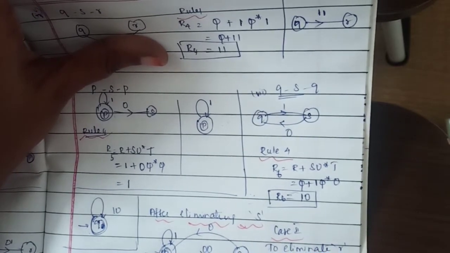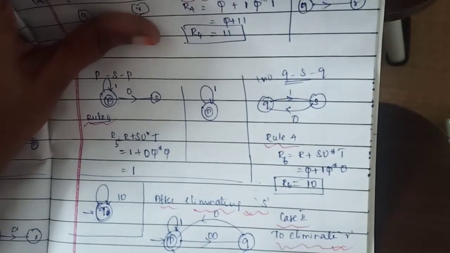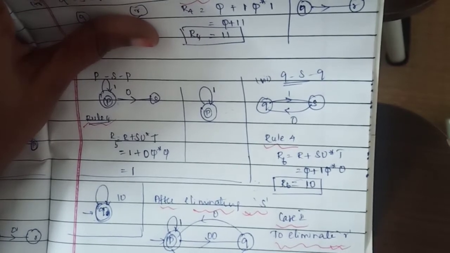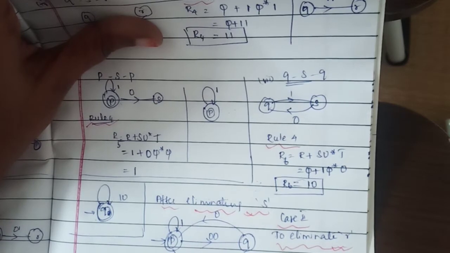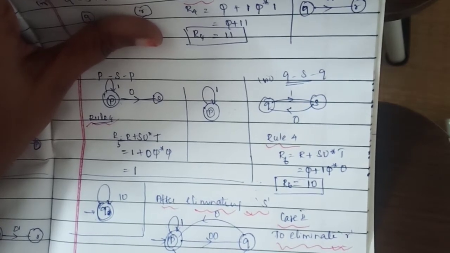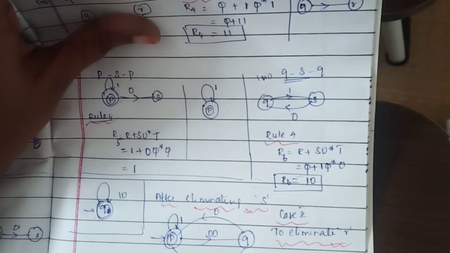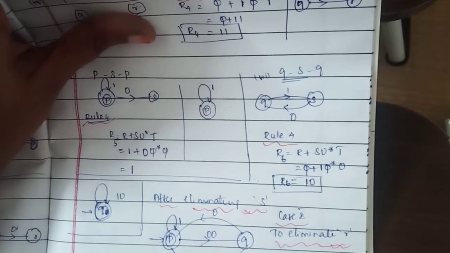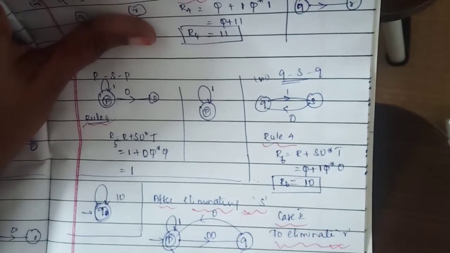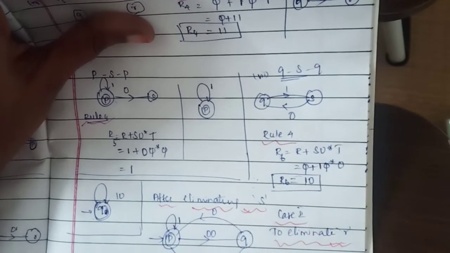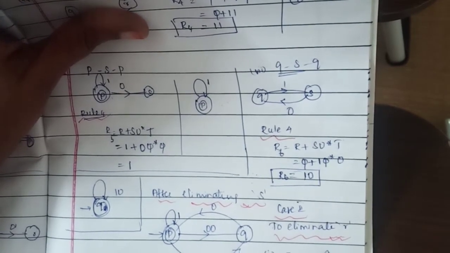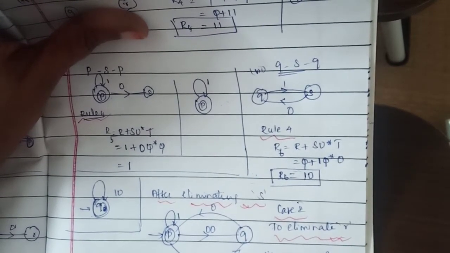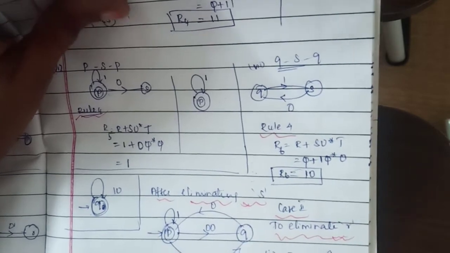So the possible cases to be found out here are PRQ, right? PRQ is to be found out, and we'll have this one QRP, and PRP will have QRQ.